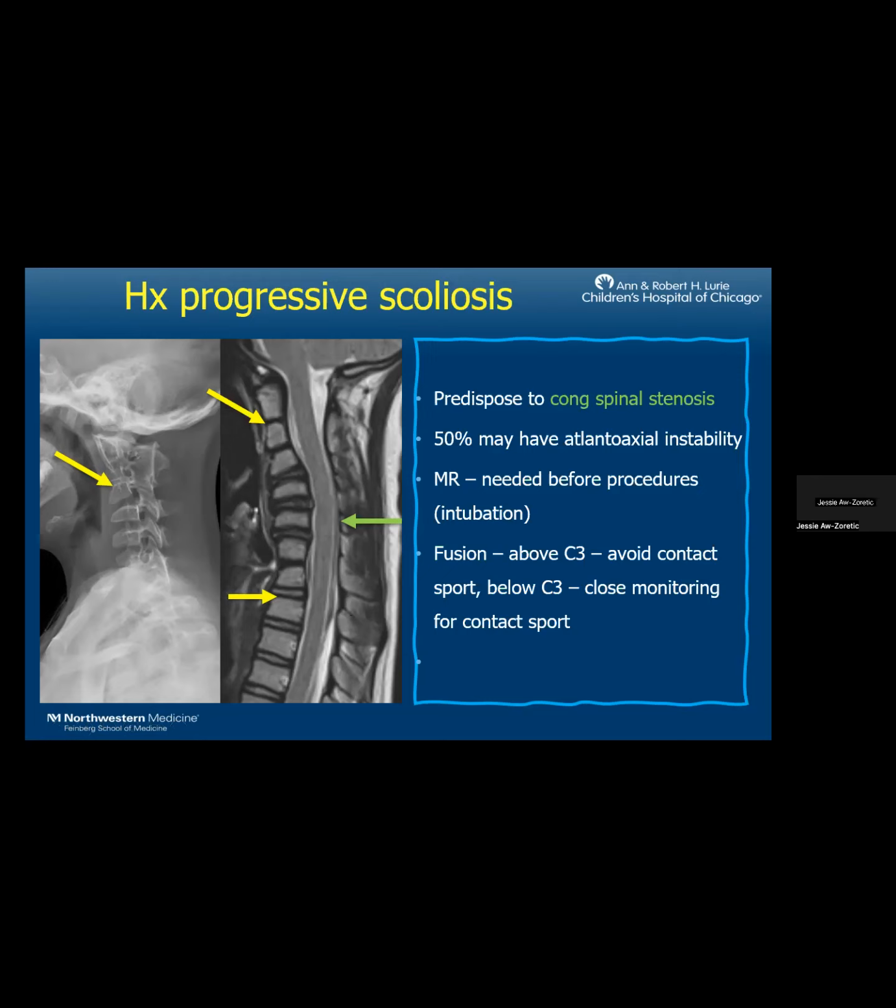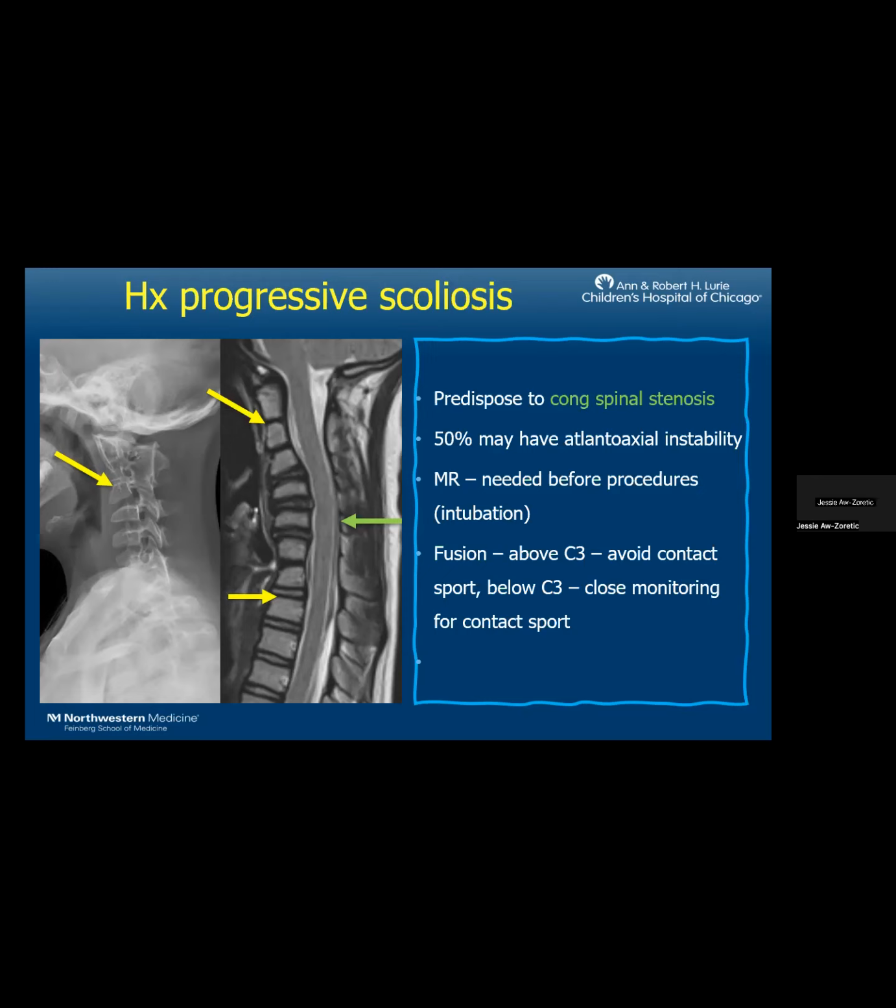One thing to know, which I found out doing this, is that if they are going to have any form of procedures, i.e. intubation, laryngoscopy, head manipulation, they have a higher risk of atlantoaxial subluxation and craniovertebral dislocation.